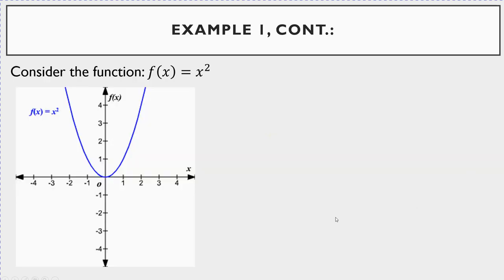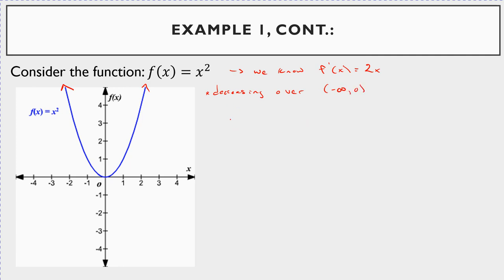So here, we have our function f of x is equal to x squared. We know that f prime of x, if you just take the derivative of this, is just 2x. Well, look, here's what we said. We said it was decreasing over negative infinity to 0.